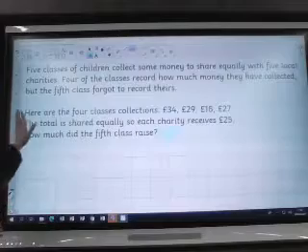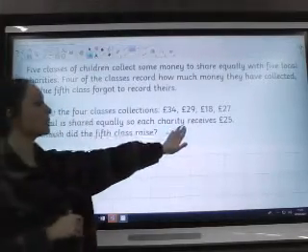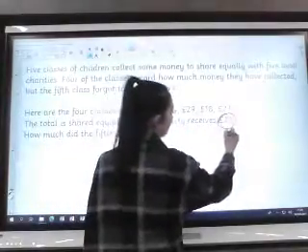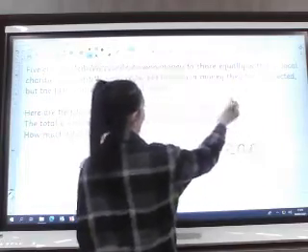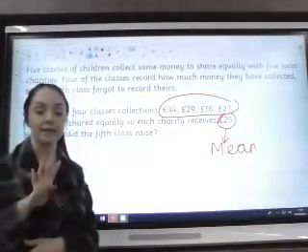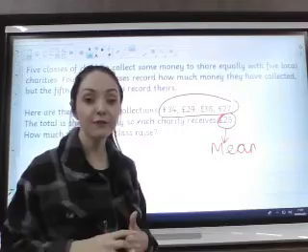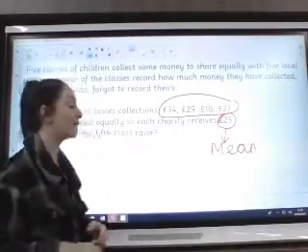So here are 4 classes' collections, and the total is shared equally, so each charity shares 25. So this is the mean. We know the mean, and we know the first four classes. So we've almost got to work backwards. And you will have to do this in your work for today, so make sure you are listening carefully.